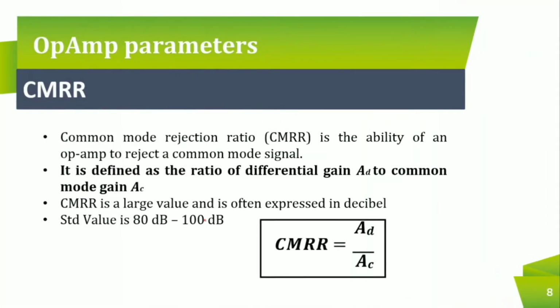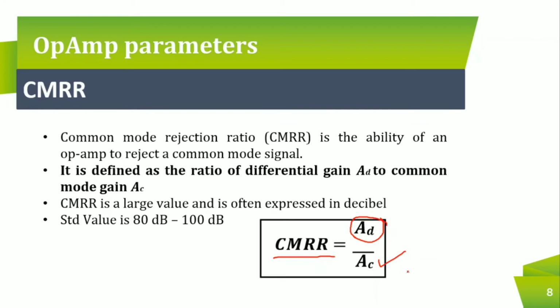The next one is CMRR. What is CMRR? CMRR is common mode rejection ratio. For your understanding, it is only defined here; you don't need the complete detailed explanation. CMRR is defined as the ratio of differential gain to common mode gain.